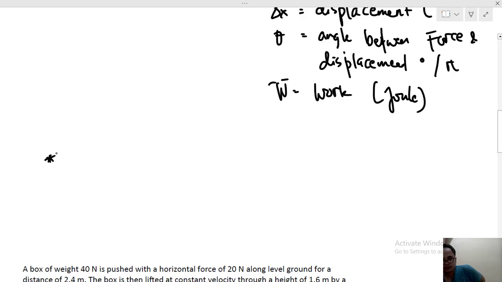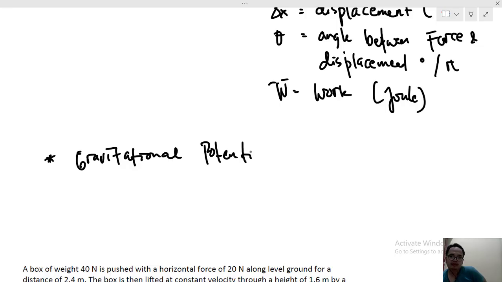The first one is gravitational potential energy, but sometimes we just call this PE, potential energy.